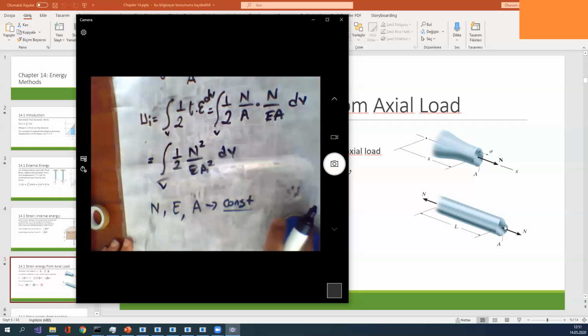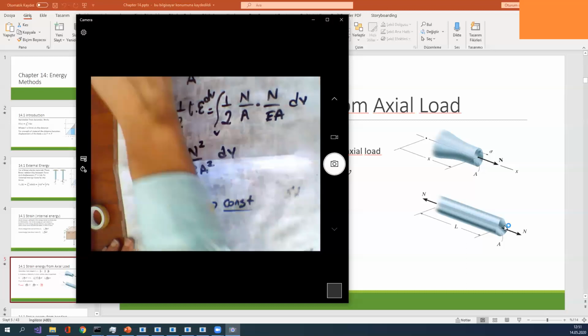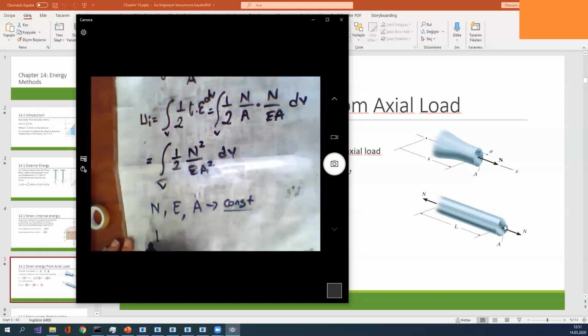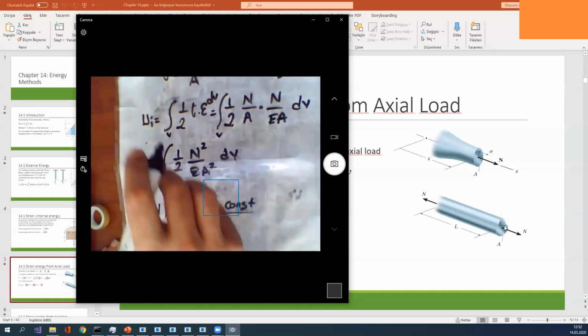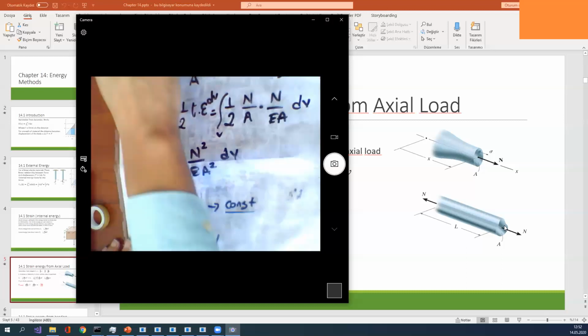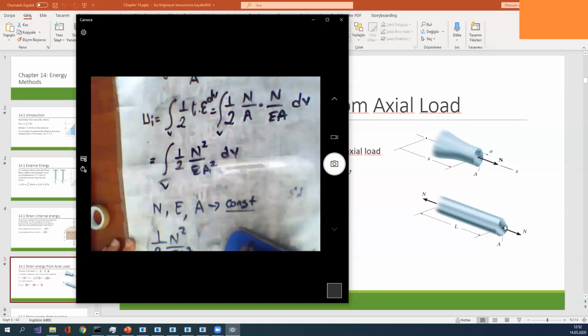If I think this term is constant, our integration becomes 1 over 2 n square EI square, integration dV. The integration of dV becomes the volume of our body.